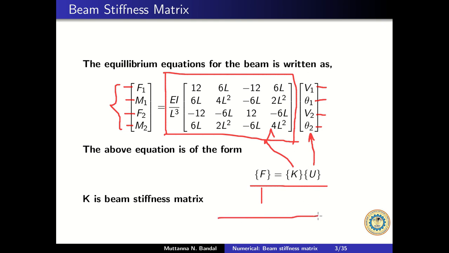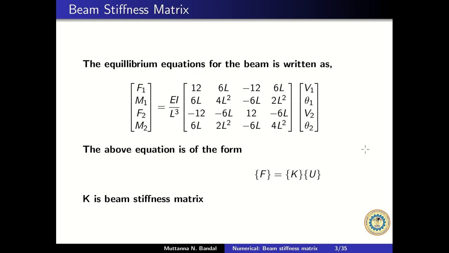Suppose we take this as a beam with node 1 and node 2, these are the unknown terms that we have to find. So, briefing about this, we'll go back to the numericals.